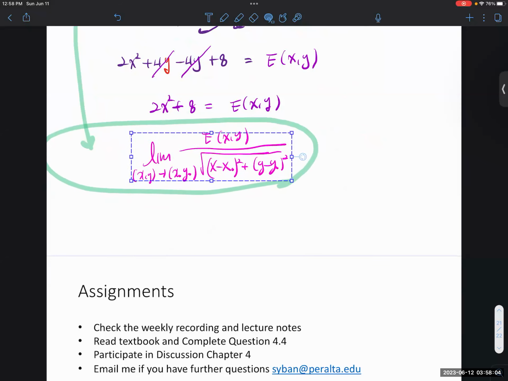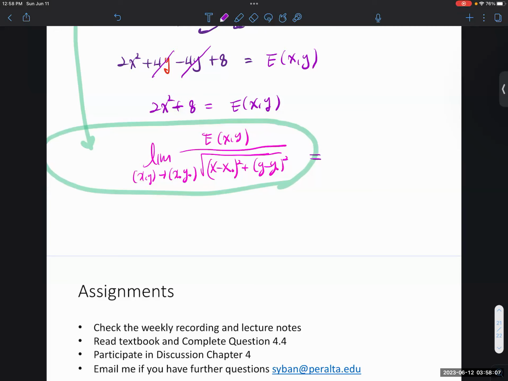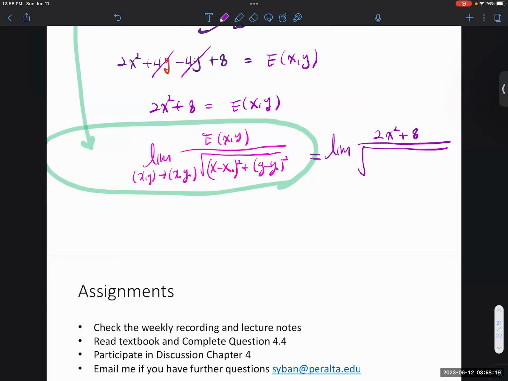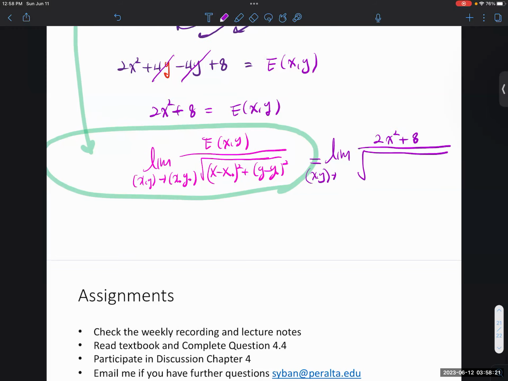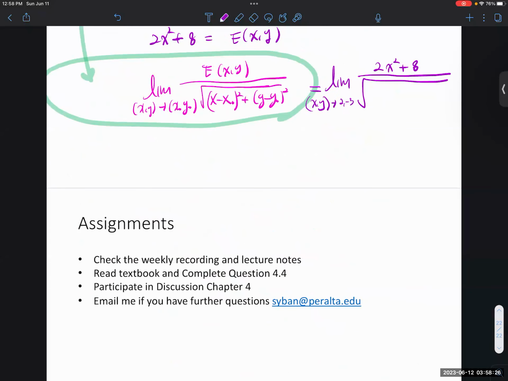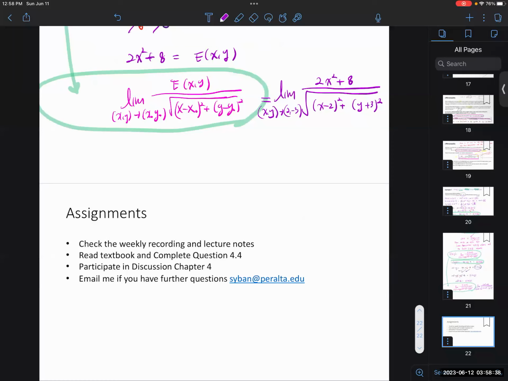So we found out this is equal to E, 2x squared plus 8 over, and then we are going to take the limit. (x, y) goes to where? 2 comma negative 3. So x minus 2 squared, y minus negative 3, plus the 3 squared. So you're going to take the limit of that ugly fraction.